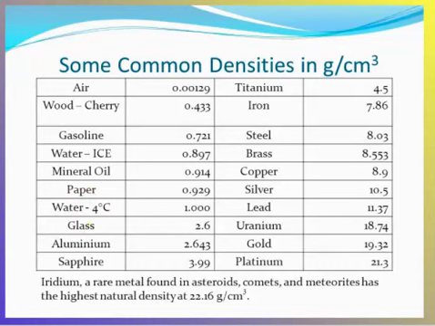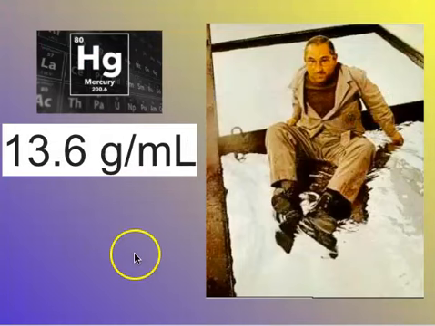Now, density is kind of interesting. For example, we know that the density of mercury is 13.6 grams per milliliter. This is a lot higher than the density of water. So if you look at a periodic table, mercury is one of those rare metals that's actually liquid at room temperature.